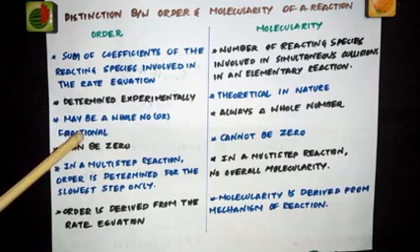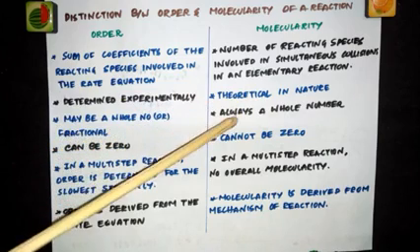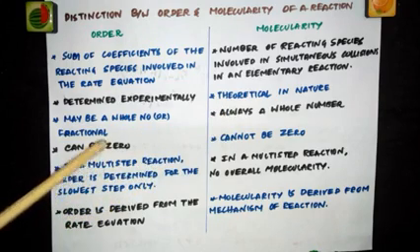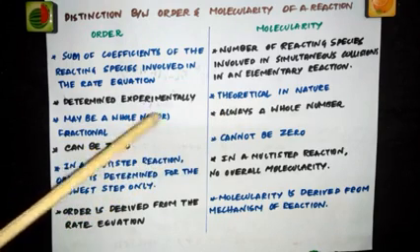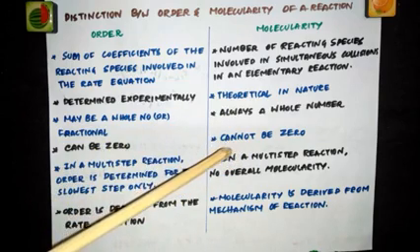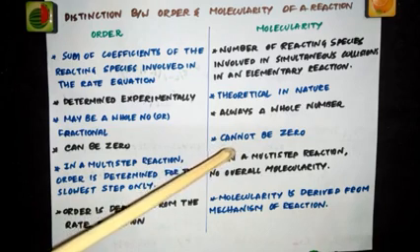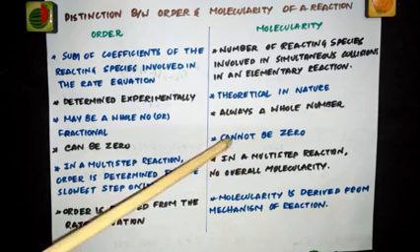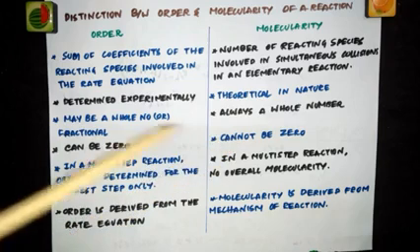Order can be a whole number or fractional, whereas molecularity is always a whole number. Order can be 0, and we have seen examples of zero order reactions, but molecularity cannot be 0. When we say molecularity, we are talking about the number of reacting species undergoing collision. When there are no reacting species undergoing collisions, no reaction can take place. So molecularity cannot be 0.